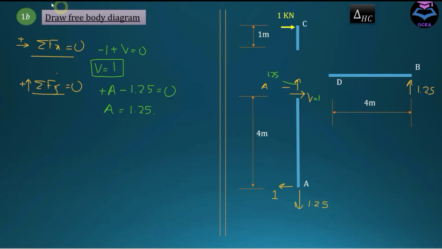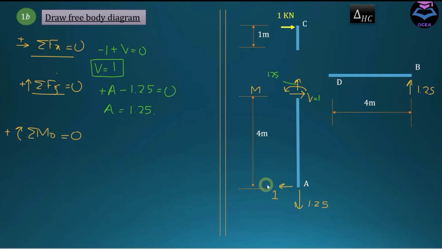Now the last remaining internal force here is the moment. So let's assume the direction of moment as like this and call it M. Now let's apply summation of moment at D point, that is here, equal to 0, and take clockwise moment as positive.